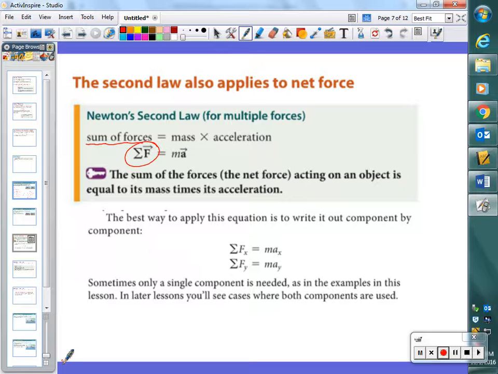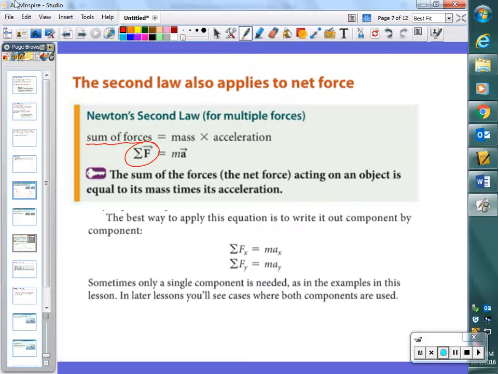The Greek letter sigma, that's the sideways M, is what we use to represent the sum or the total of something. So when we throw the Greek letter sigma out in front of F, that means not just force, but the net force, the combined effect of all of the forces that are acting on the object. So if we want to determine the acceleration of an object, we can't just look at one force, we have to look at the combined effect of all of them. All right? Does that make sense? Are we okay with that?